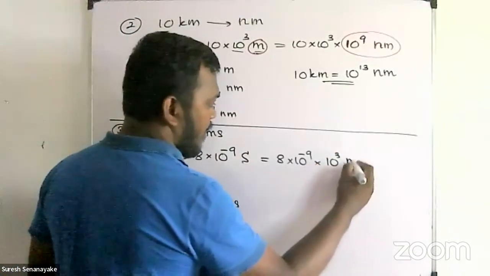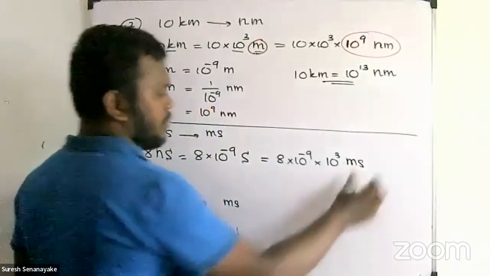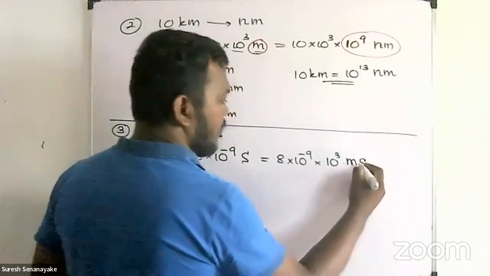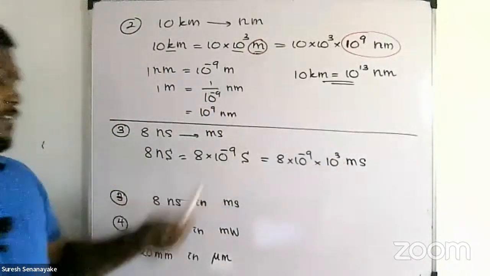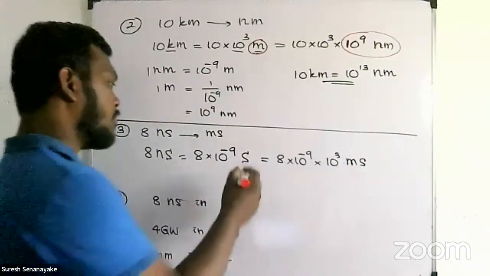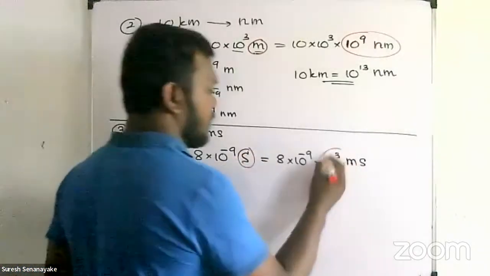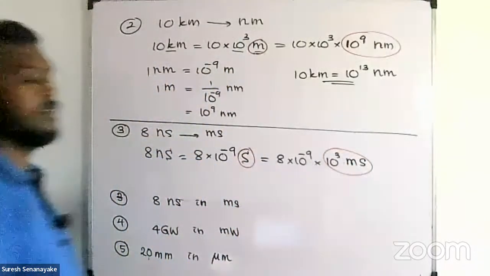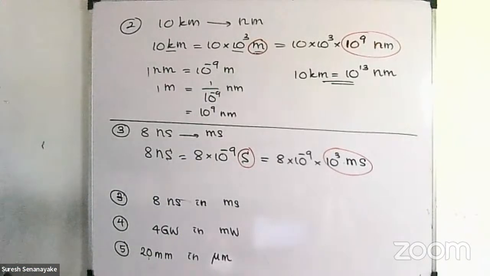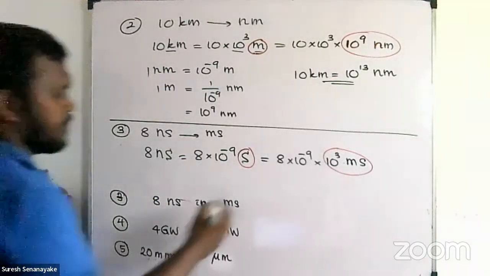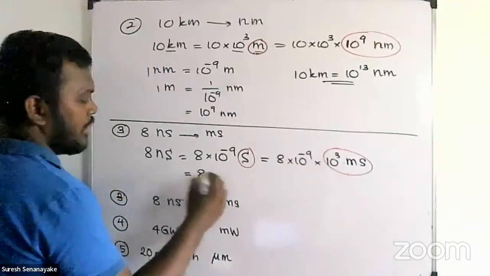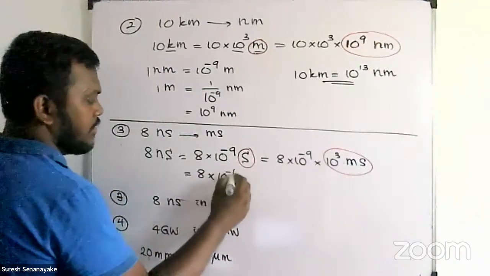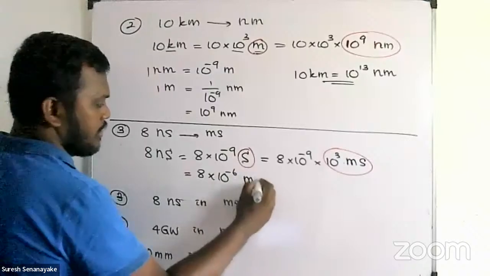And then you add milli. So then this milli and milli cancel, because 1 second equals this much of milliseconds. So by simplifying, you write 8 into 10 to the minus 6 milliseconds.